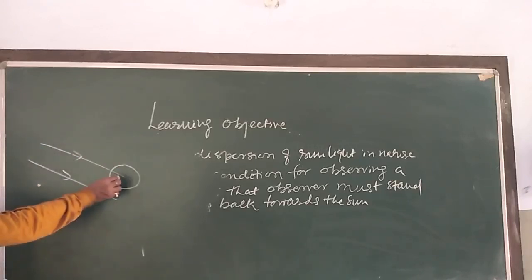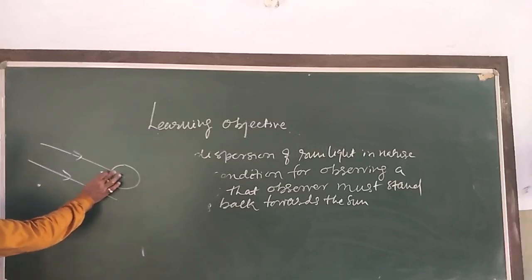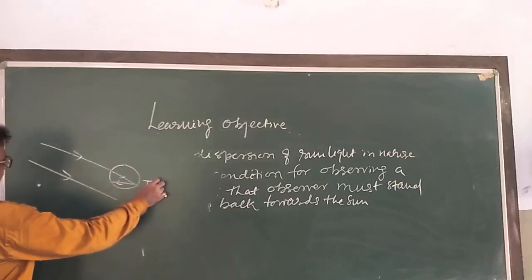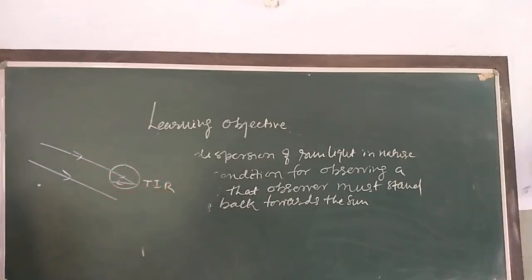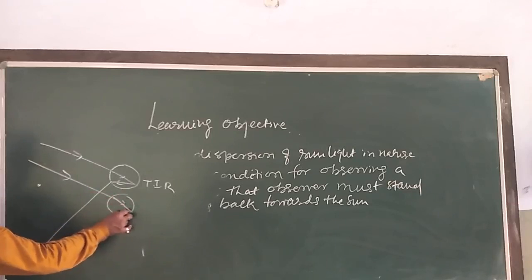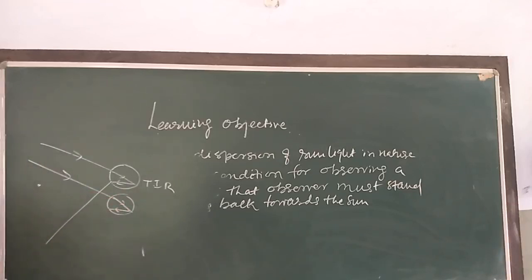Here it goes inside in this manner. Here TIR, total internal reflection. The light is coming in this manner. Similarly here, a light goes here, then comes out here. Here we are getting this is the red color, here is the violet color.